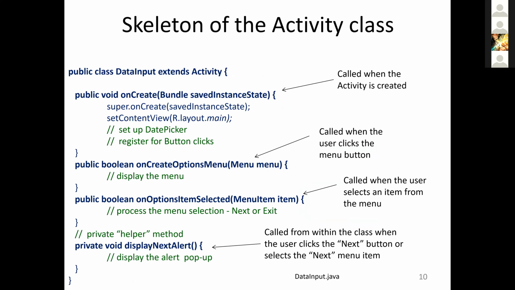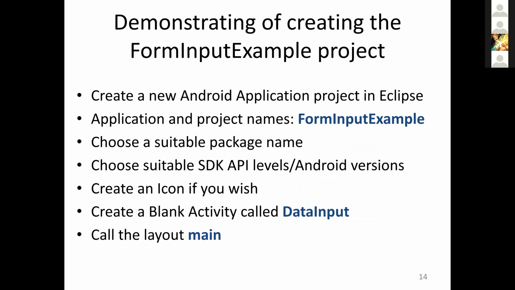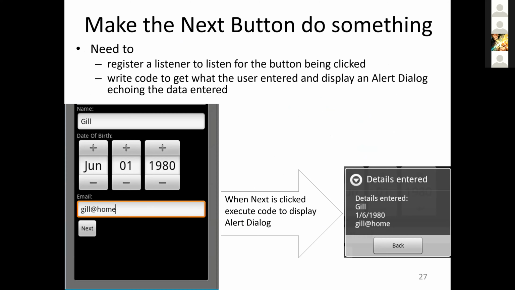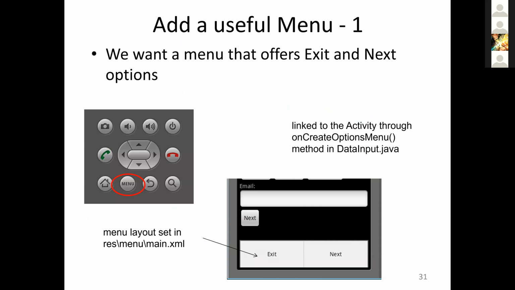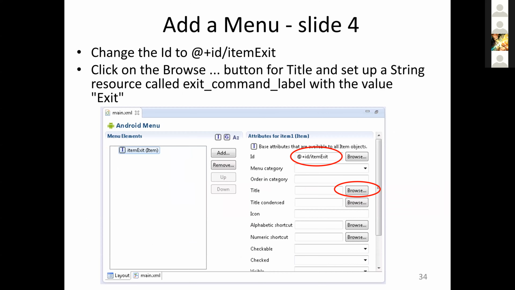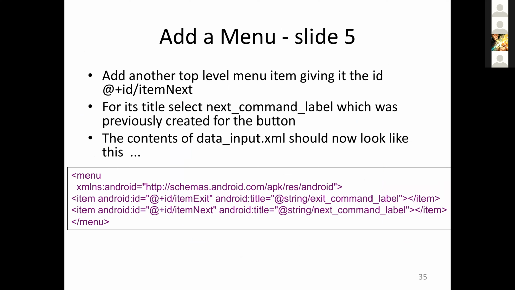So what we need to do is that we are at this stage of adding menus. This is where we are, and we want to add those menus. Those are the items we need. We had already added the two items, the exit one and next, and we had labeled them.